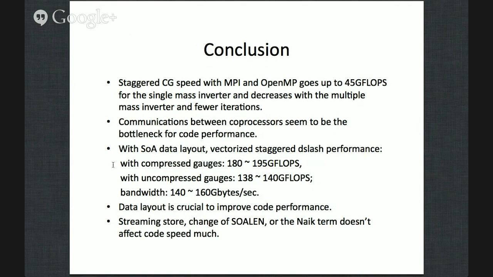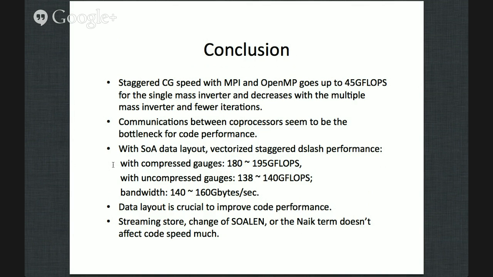It has a performance of up to 45 gigaflops for the single mass inverter, and seems to decrease with multiple mass inverter and a few iterations. And also, we observed that the communication between coprocessors really limited the code performance.